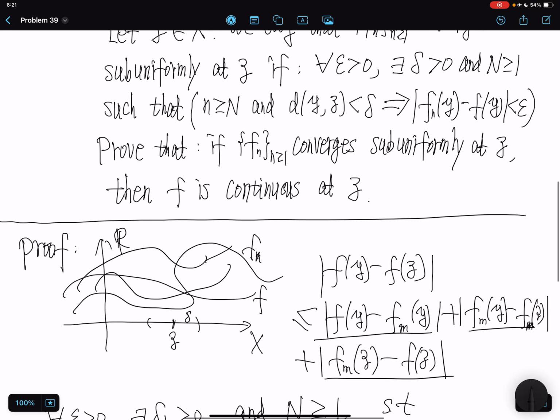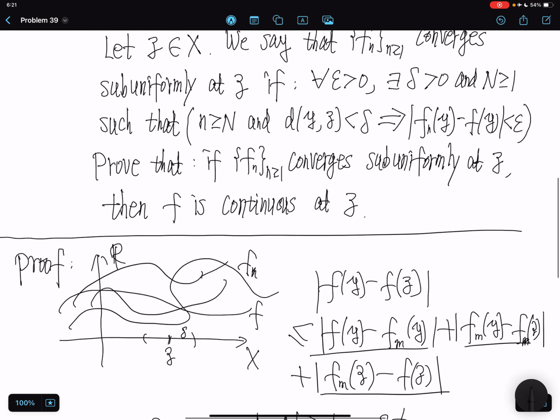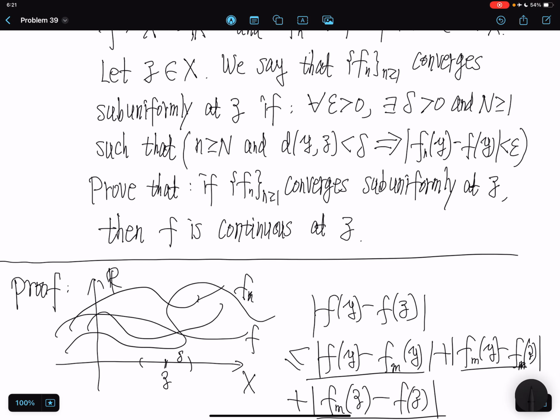This is based on the definition of convergence subuniformly at z.